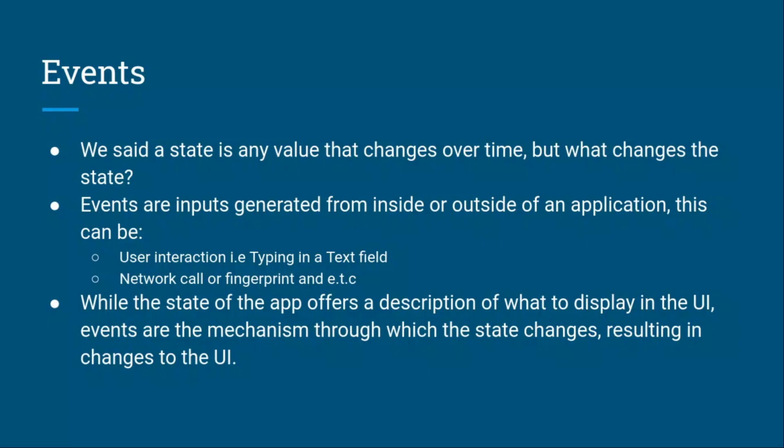So the state determines the UI, and events are the mechanism by which a UI changes. These are going to be crucial when we are writing our code. We have to understand the difference between events and state. A state is going to determine the UI, and the events are going to trigger changes in this state.